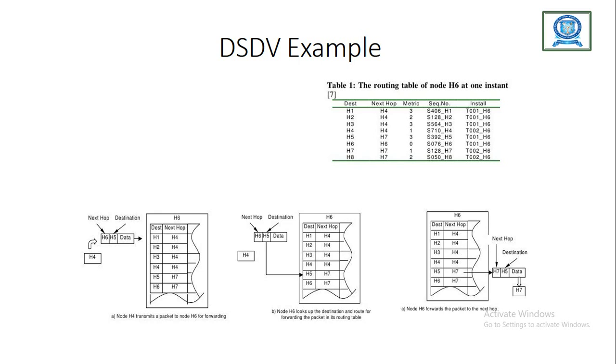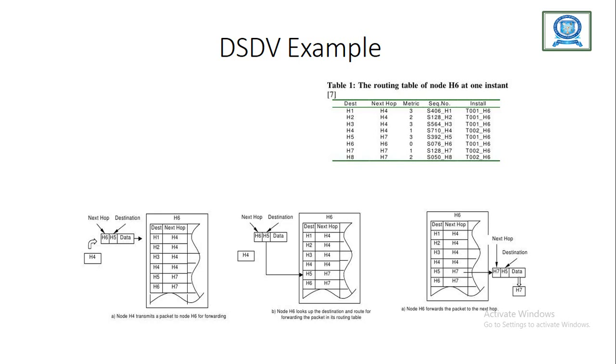For H4 the next hop is H4 and the metric is 1. H5, next hop H7, metric 3. H6, next hop H6, metric 0. H7, next hop H7, metric 1. H8, next hop H7, metric 2.